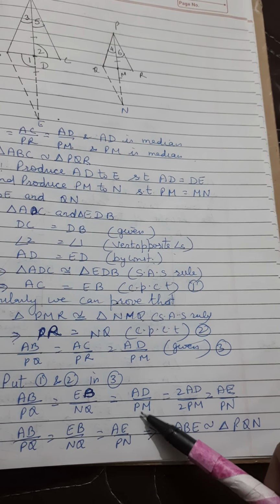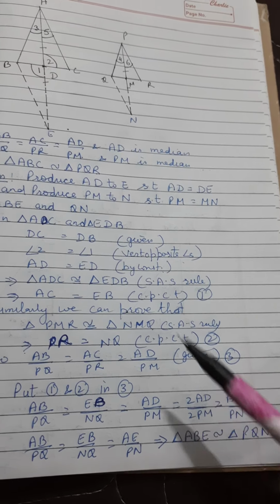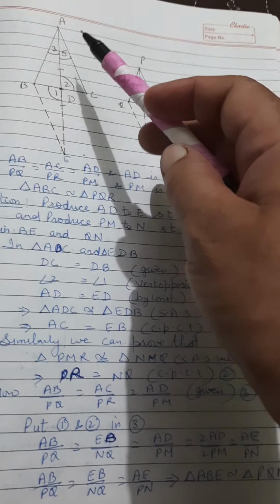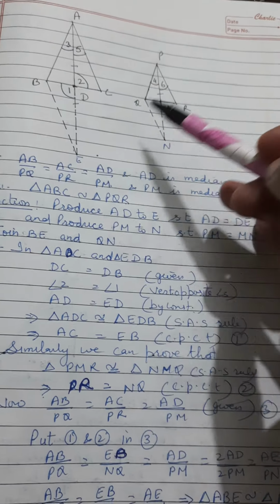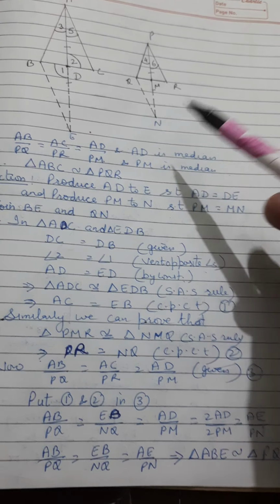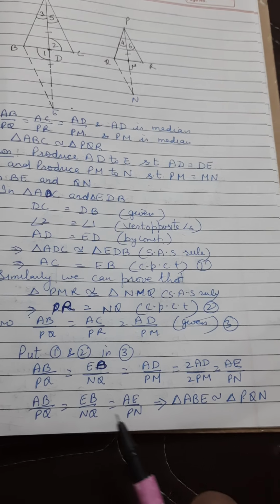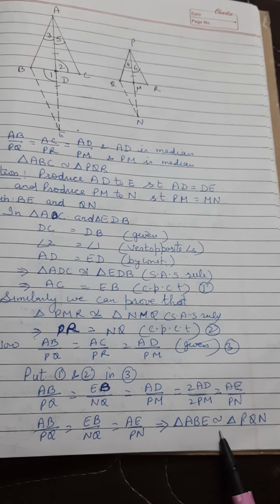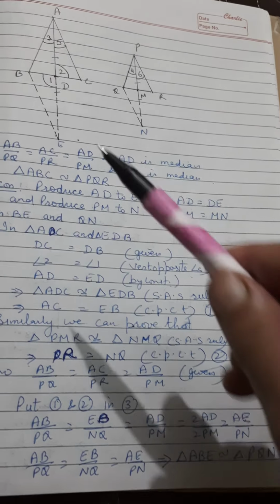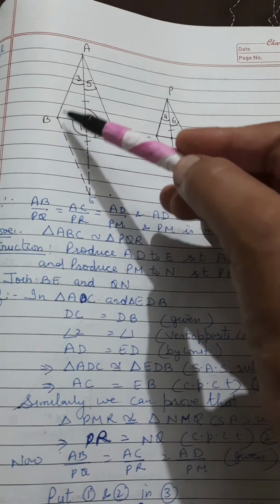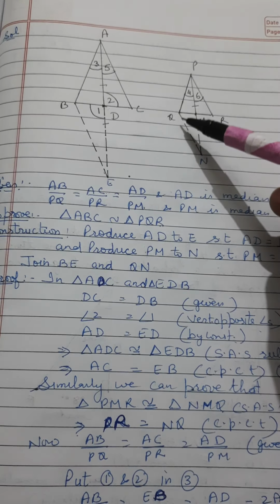We have multiplied and divided it by 2. Now twice of AD is equal to AE and twice of PM is equal to PN. We have put it as AE by PN. It means that triangle ABE is similar to triangle PQN.